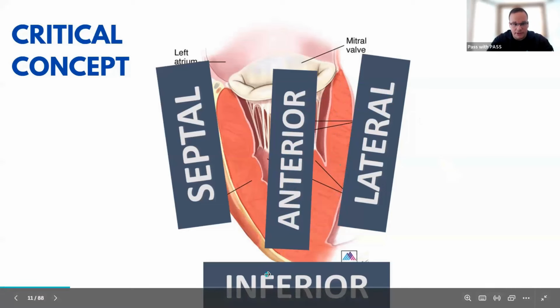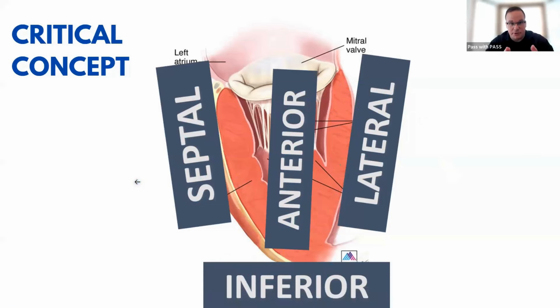My inferior leads, II, III, and aVF, correspond with the inferior portion of my left ventricle, and my septal leads, V1 and V2, correspond with my interventricular septum, that septal wall that separates my left and my right ventricle from one another. So at the end of the day, if you understand that, you realize that septal, anterior, lateral, inferior, they're all just anatomical terms that weren't born out of nowhere, that all correspond with which region of the heart is actually infarcting in the patient that you're sitting there looking at.